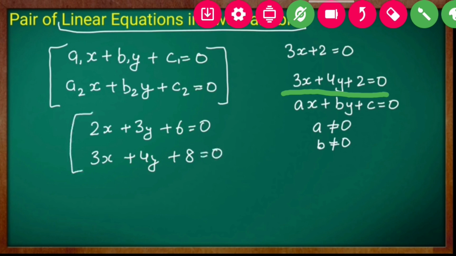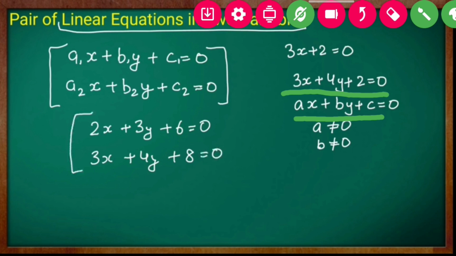Here x and y are both variables, 3 is the coefficient of x, 4 is the coefficient of y and 2 is the constant term. So it is the standard form ax plus by plus c equals 0.